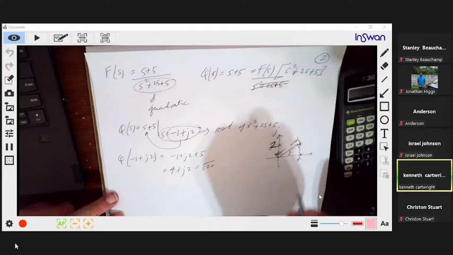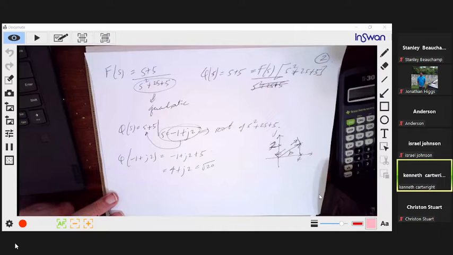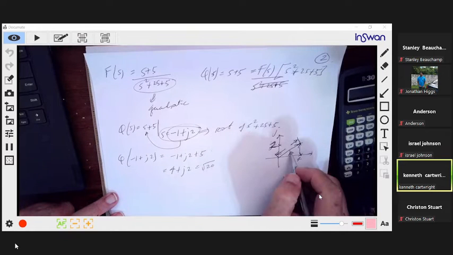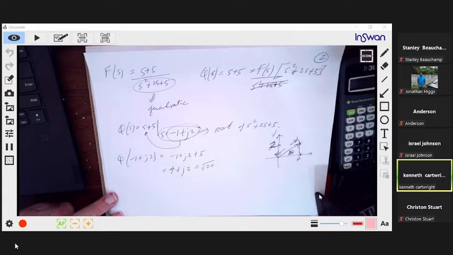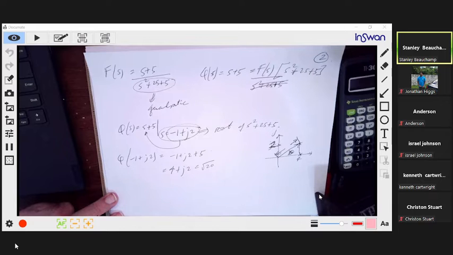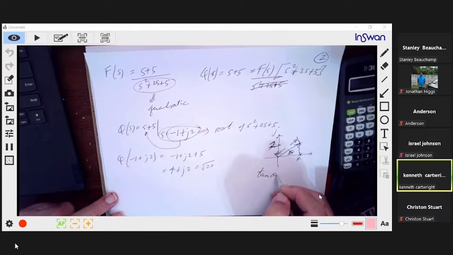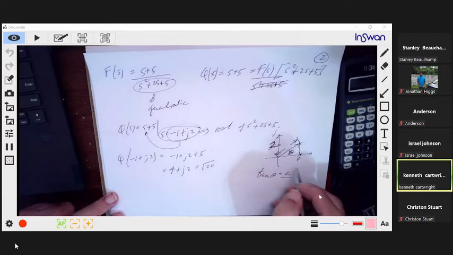And what is this angle? What is theta? Tan theta equals opposite over adjacent, 2/4.